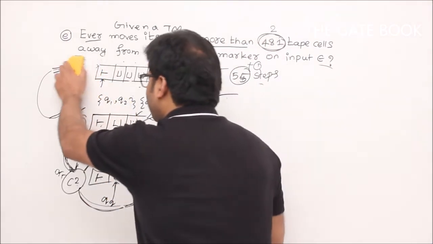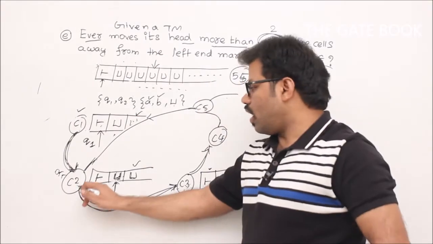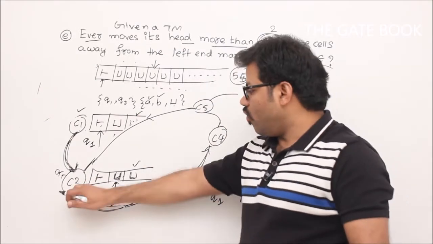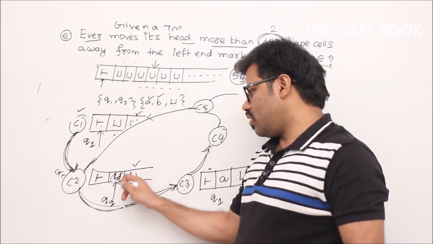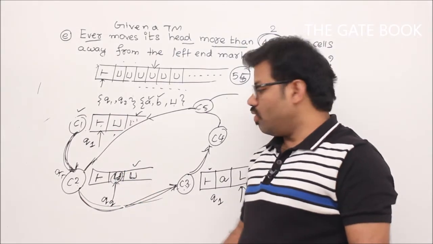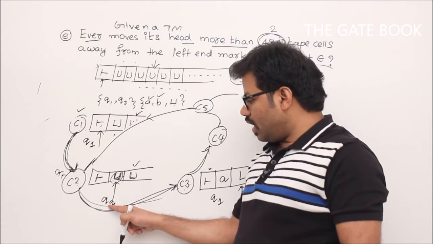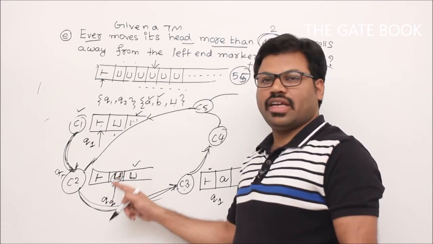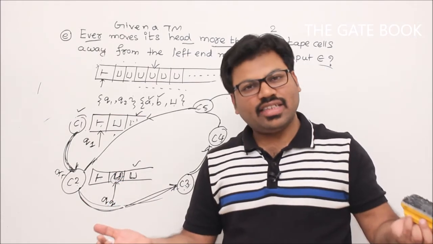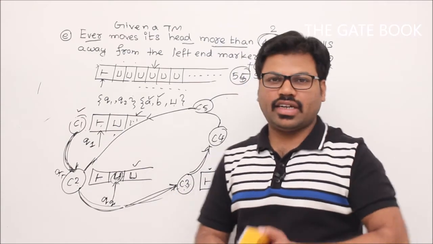In the same way here also, when you come to configuration 2 again, what is the input you are seeing? This one, the tape symbol, correct? What is the state you have? Q2. So when you are in the Q2 state and the symbol is the same, then the decision is again the same, correct? That is the way the Turing machine is designed.